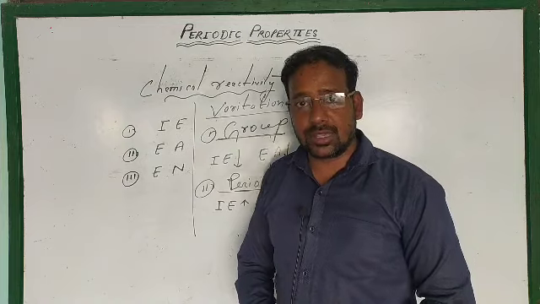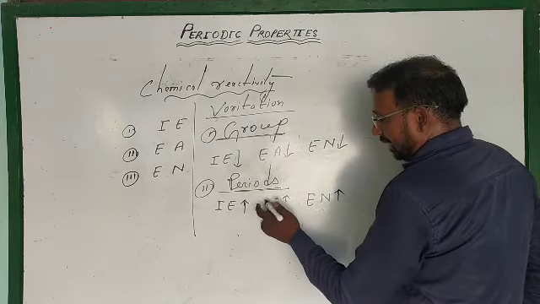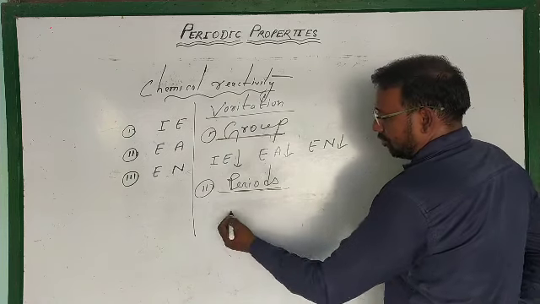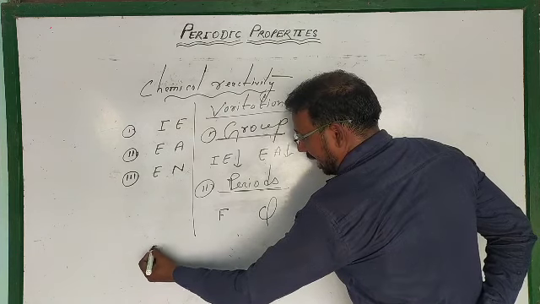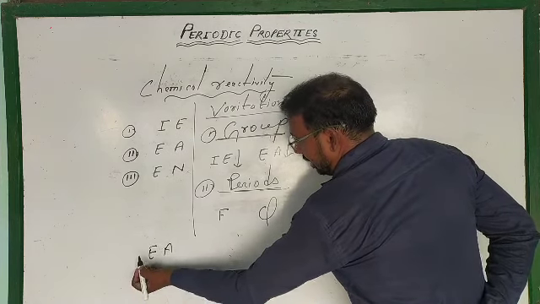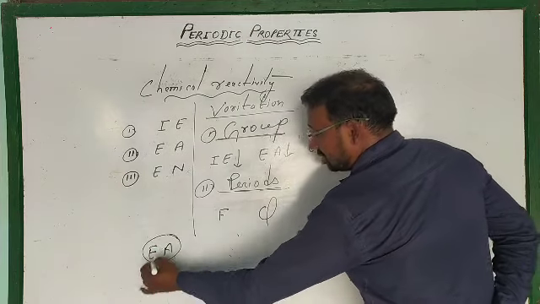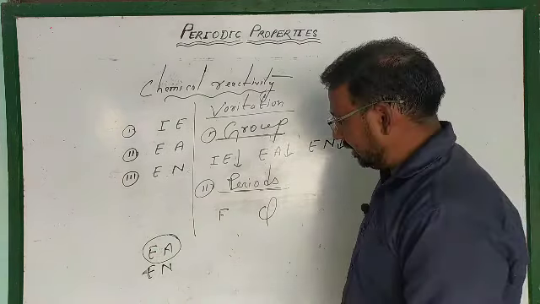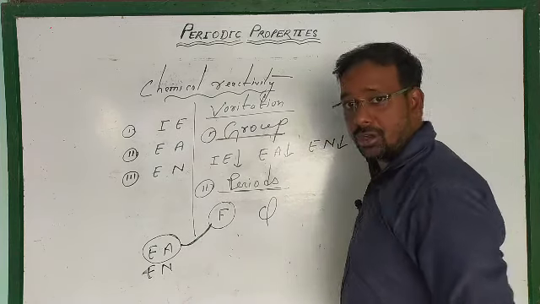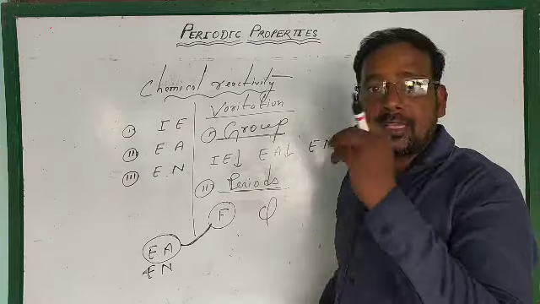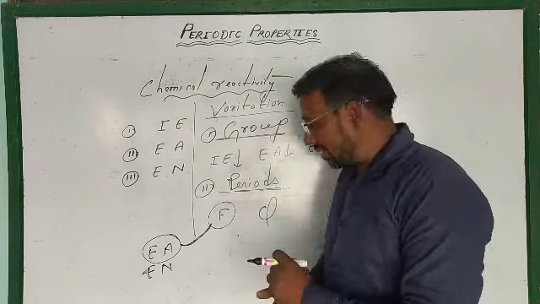So we have discussed, and also we have discussed one exceptional case in the case of fluorine. In the case of fluorine and chlorine, if we talk about electron affinity, electron affinity means gaining an electron, and in the case of fluorine it is very difficult to add an extra electron, because fluorine has the smallest size, a very small size, and already it has 7 electrons.